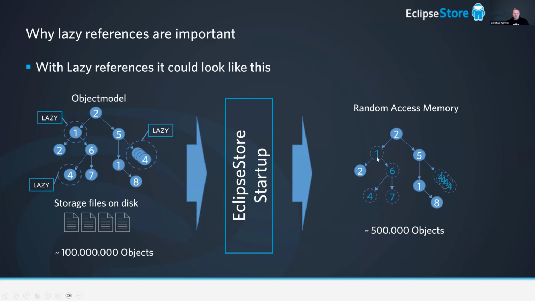When we load 1, for example, when we call get on this collection, then only 6 and 7 are loaded. 4 stays on the hard disk because it's a second lazy step, and you have to load it again. This is how the lazy reference or the lazy wrapper object basically works.